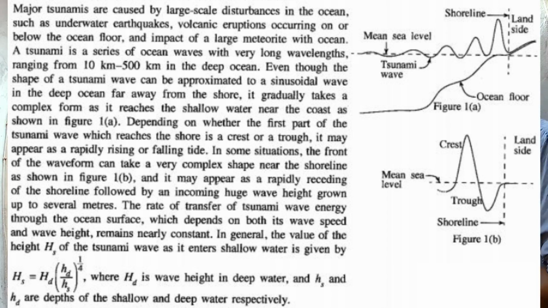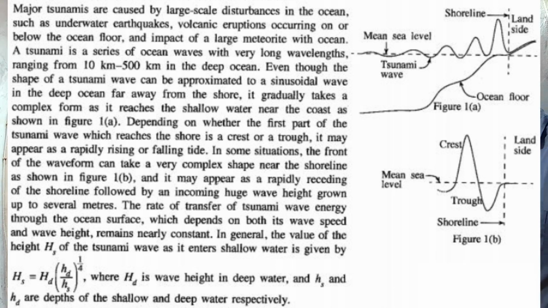Even though the shape of tsunami waves can be approximated to a sinusoidal wave in the deep ocean far away from the shore, it gradually takes a complex form as it reaches the shallow water near the coast, as shown in figure 1a.